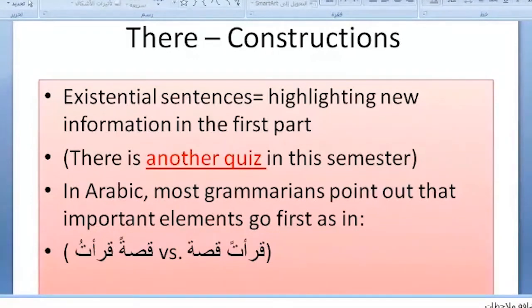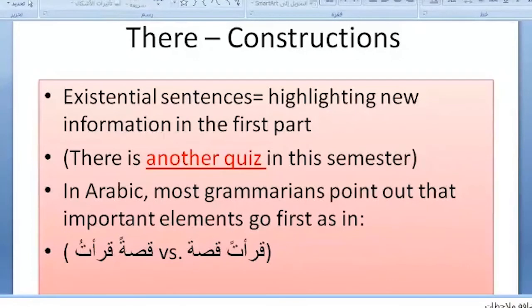نرجع لبداية الموضوع مالتنا، بداية المحاضرة. We go back to the first part of our lecture. In the first part of our lecture, we talked about clefting, and one of the types of clefting in English is using it. And this type of sentence is used to give emphasis to some elements.